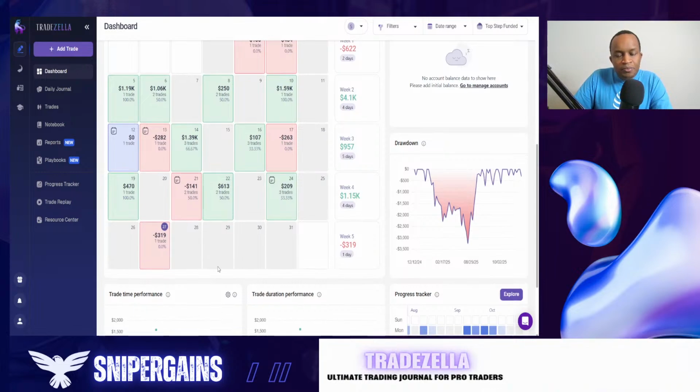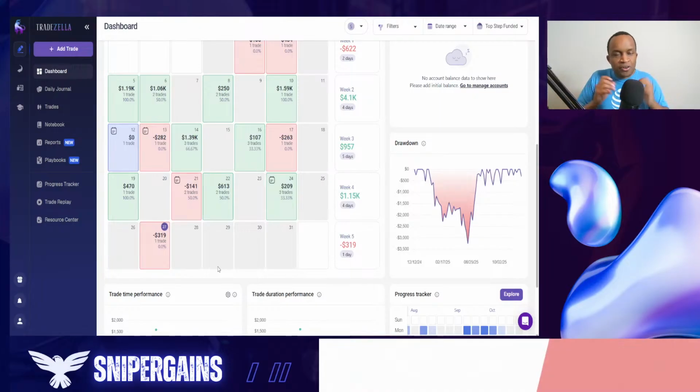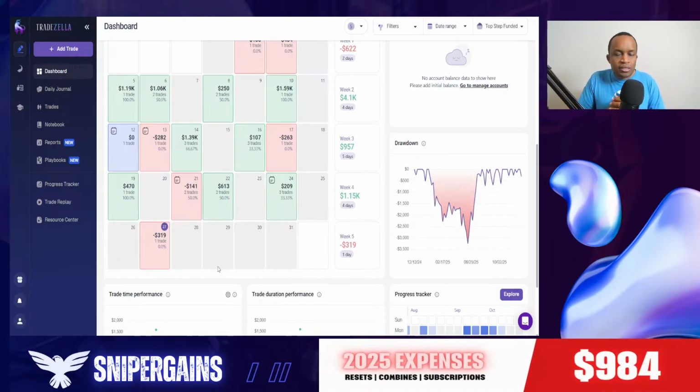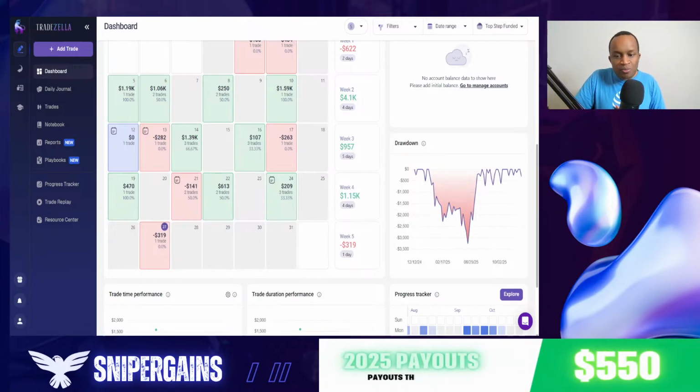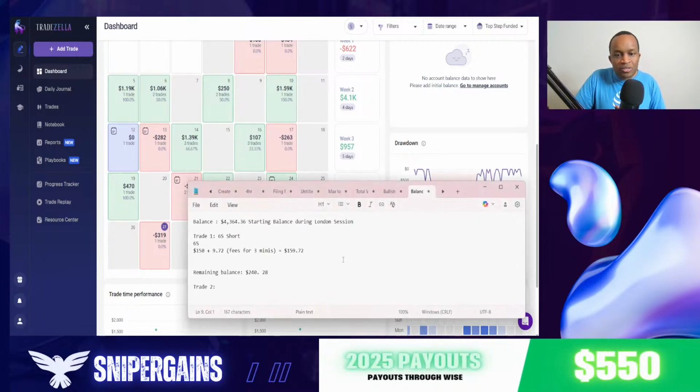So ideally, because I'm copy trading, I have to keep my risk very low and tight. Because when you're copy trading, you have a lot of money technically on the line. So you don't want to go crazy. You have to have a budget that you're willing to work with that makes sense. And for me, I know based on my numbers that I can only risk an additional $240.28 per account.